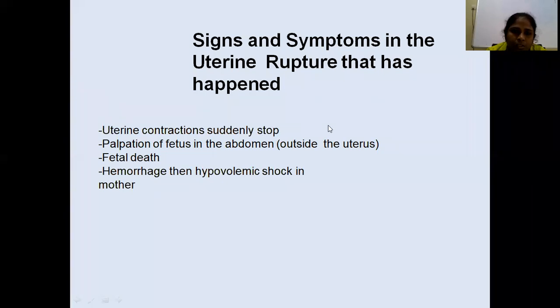Uterine contractions suddenly stop, and when you palpate the abdomen, you can palpate the fetal parts very freely. The fingers, toes, the head, chest, everything can be felt through the abdominal wall because there is no uterus obstructing, and there will be fetal death. And just clinically you can diagnose rupture.